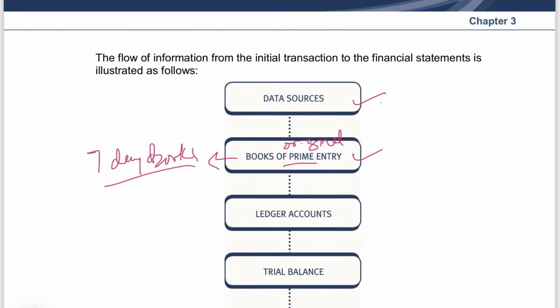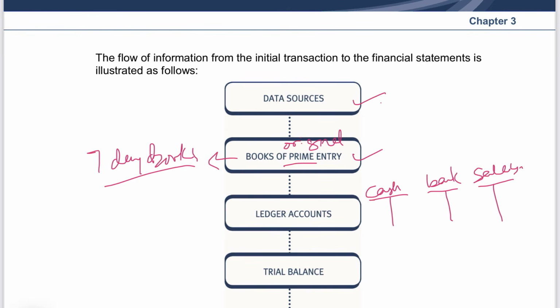The next step is the ledger accounts. Every title of account has its separate ledger account, like cash, bank, or sales. So there are many. Each and every account has its separate ledger account.